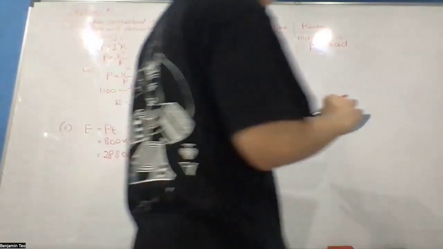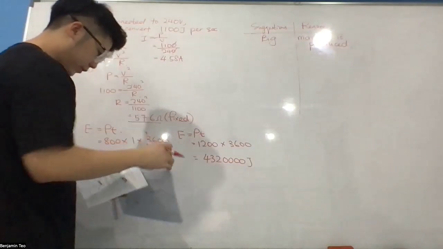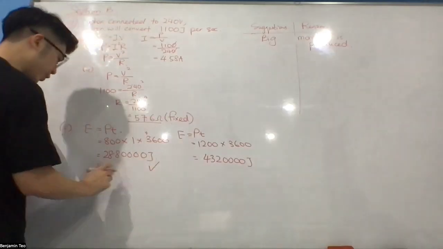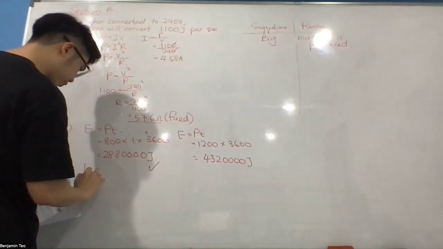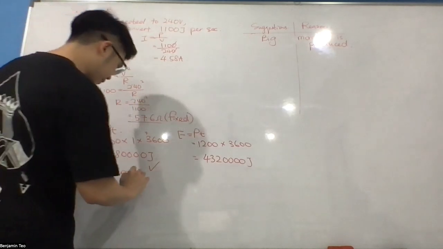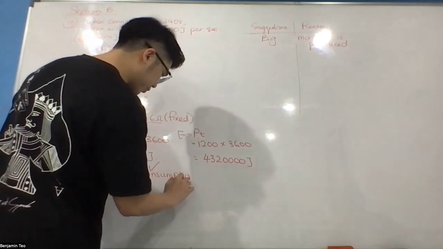Okay, now for the C1 just now, that one. So you show your calculation, and then you write down the reason. Lower energy, less energy consumption. Less energy consumption, less cost.